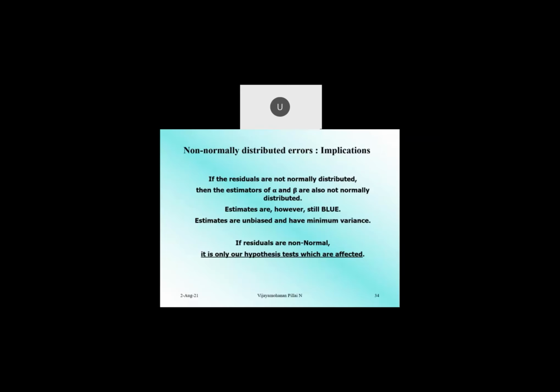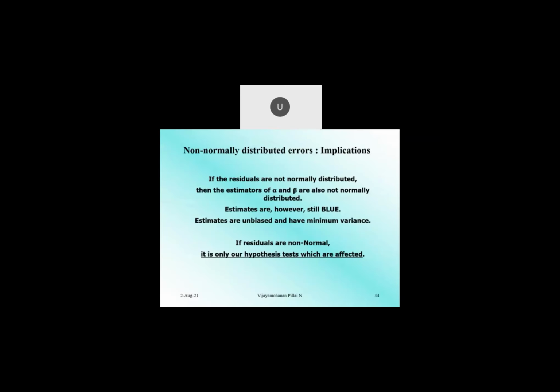Now the problem with the non-normal residuals is that we are not able to do our hypothesis tests. So it is only the hypothesis tests which are affected by the violation of this assumption. That is, alpha and beta are normally distributed only if the residuals are normally distributed.